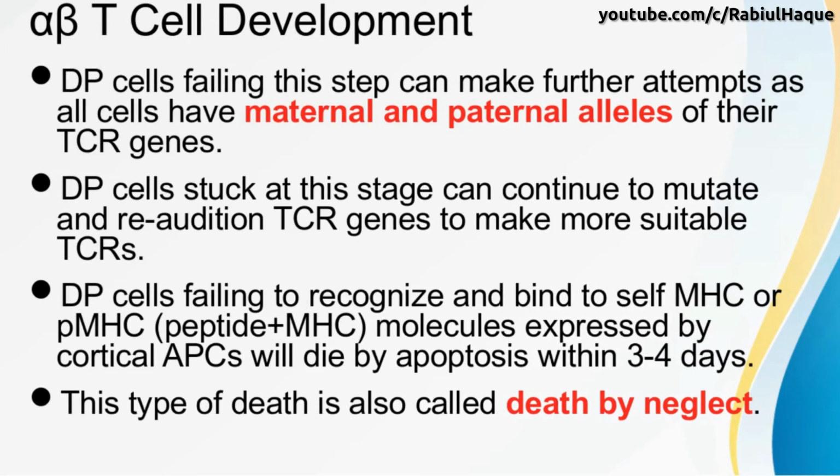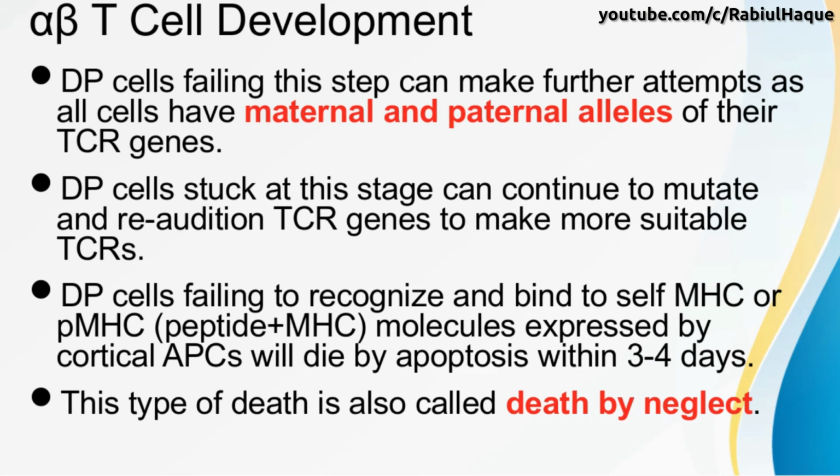Now, double positive cells that are failing this step can make further attempts because all cells have maternal and paternal alleles of their T cell receptor genes. Double positive cells stuck at this stage can continue to mutate and re-audition T cell receptor genes to make more suitable T cell receptors. However, as we have seen, most of the double positive cells will fail this step and ultimately they will die by apoptosis.